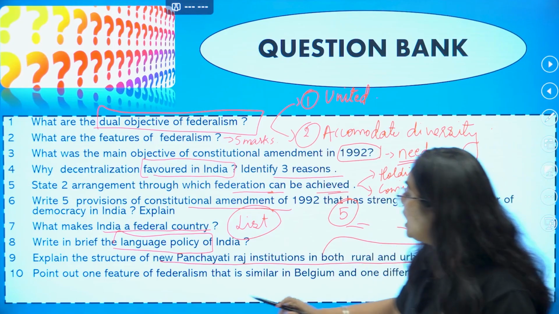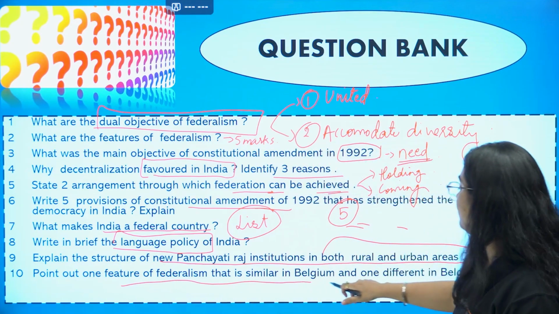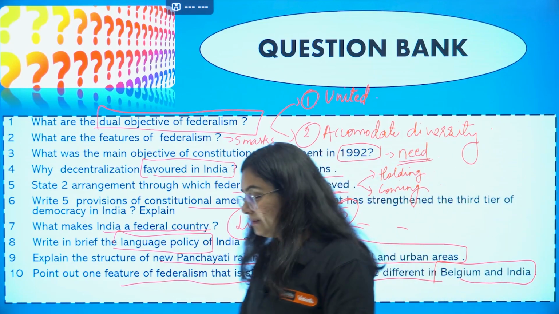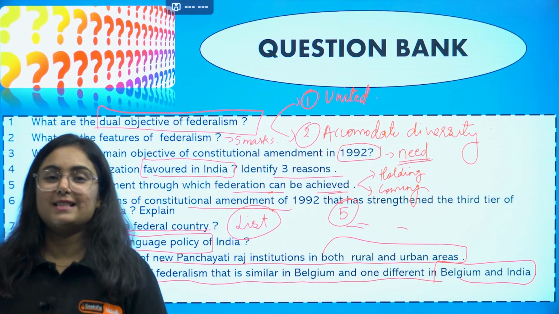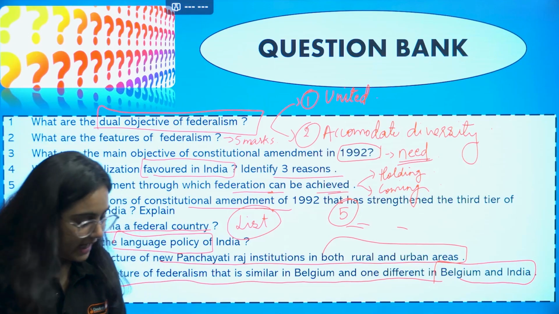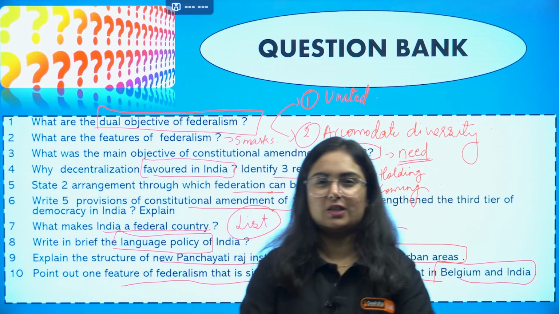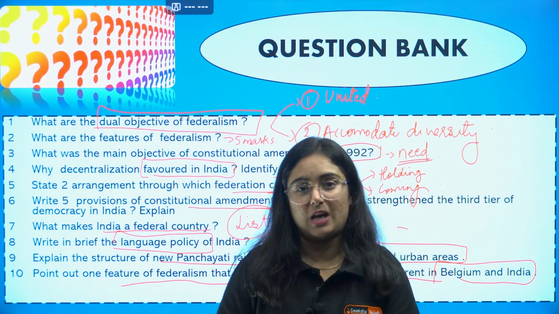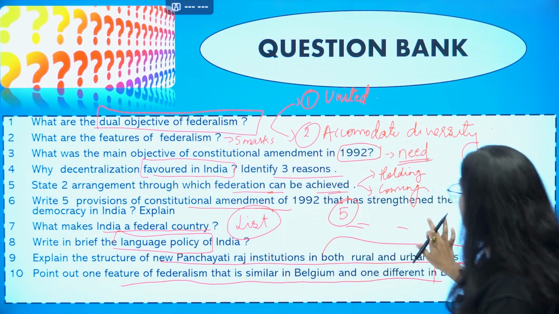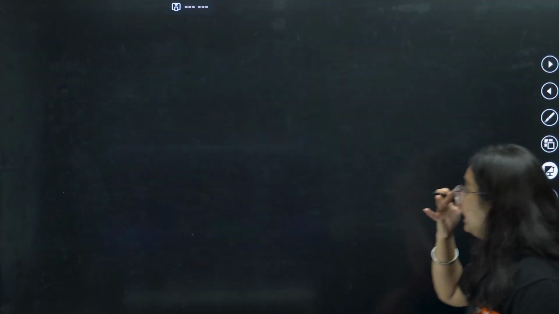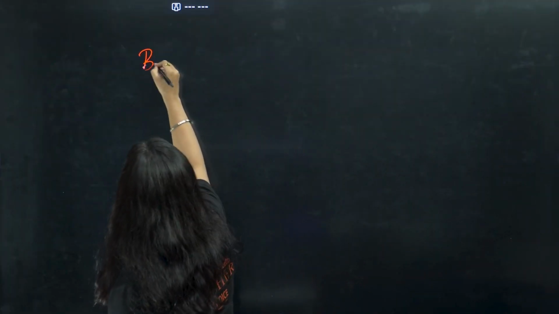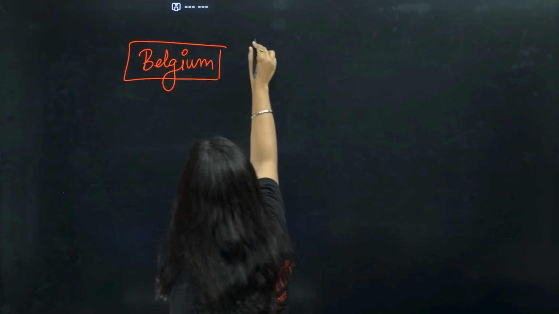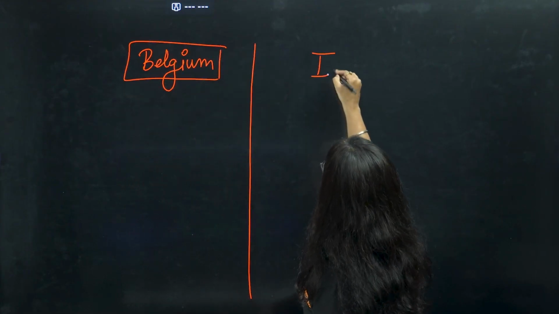Point out one feature of federalism that is similar in Belgium and India and one that is different. Now this is a very, very important question. I'll always give you a gift question, a surprise question to solve when you evaluate the chapter. Now the question is, there is a country, Belgium, and here it is India.